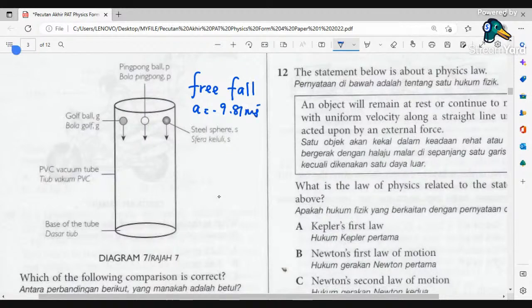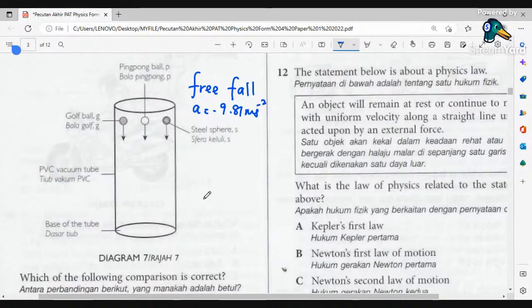And all of the objects have the same acceleration, which is 9.81 meters second negative 2, regardless of its mass lah. Means acceleration due to gravity does not depend on mass. Even you know that the steel sphere is heavier, but it still travel at the same acceleration, free fall.